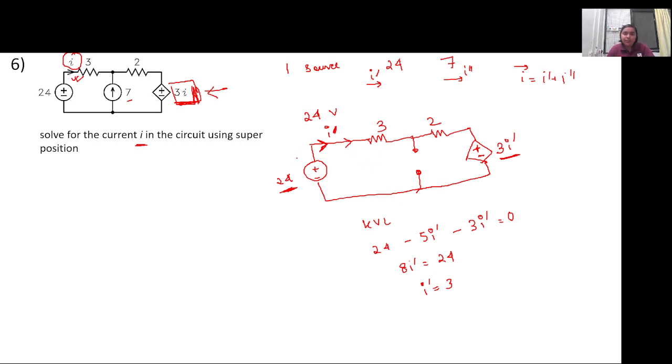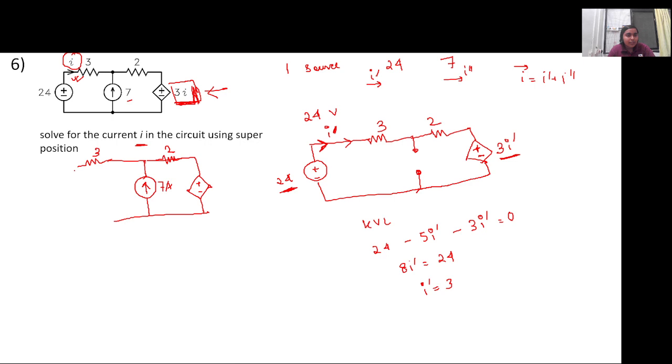Now the same thing we will do using the current source. So now what will the circuit be? Now the current source is considered, the 7 ampere current source. The dependent voltage source will remain as it is. So sorry, there is this 2 ohm resistance, there is this 3 ohm resistance.